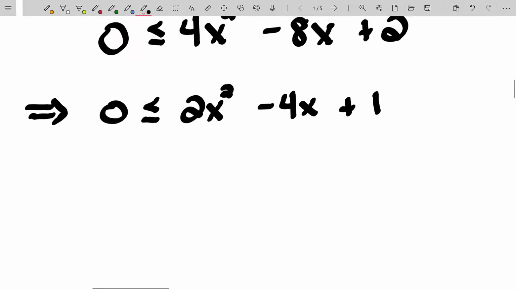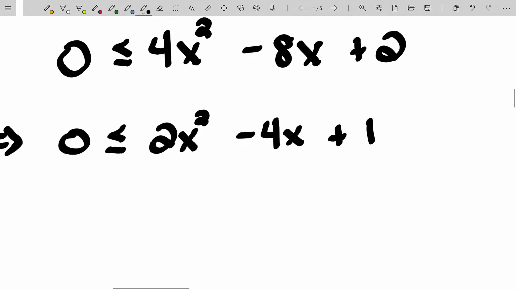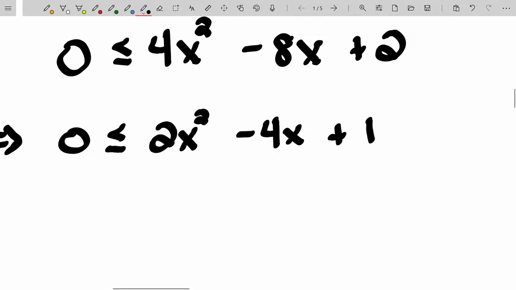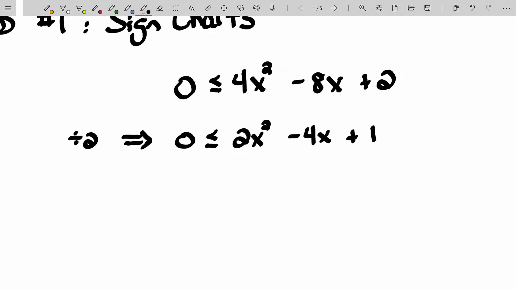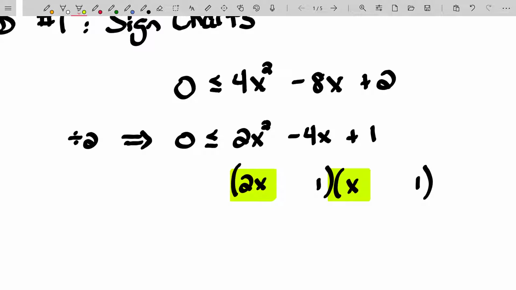We now take a look at the quadratic expression we're left with, and we hope that we can factor that. I'll tell you right now that likely is not factorable. And I can see that it's not. Two numbers that multiply to 2x squared would be 2x and x. And then two numbers that multiply to 1 would be 1 and 1.